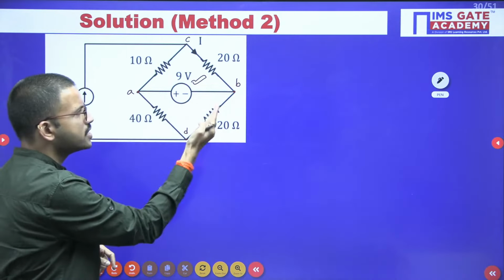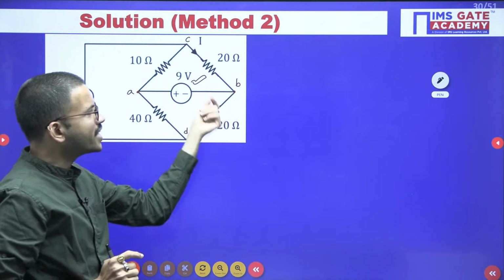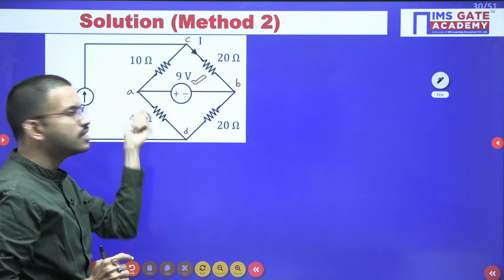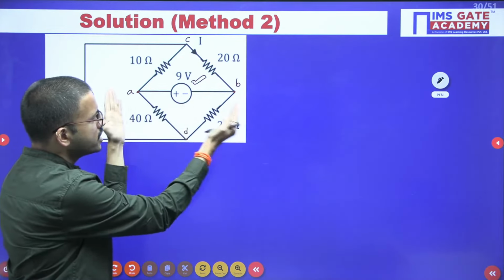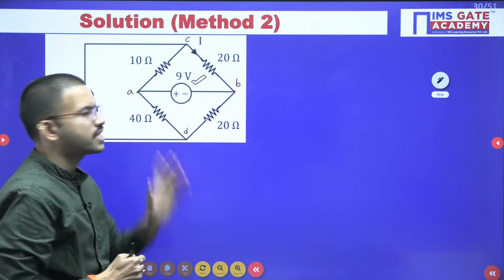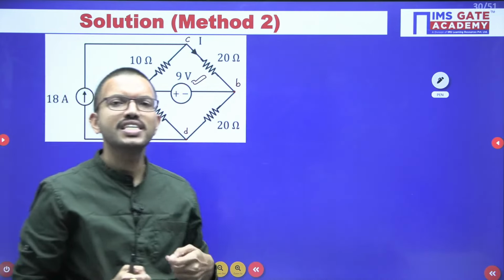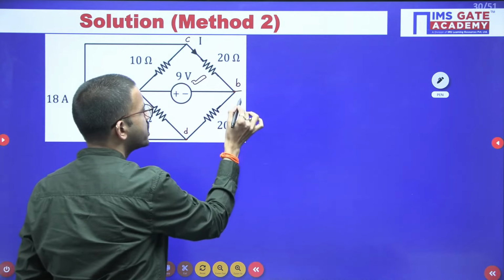Accordingly, by considering different voltages at node B, you can consider the node voltage in such a way that the difference of node voltages between A and B, you should get 9 volt.